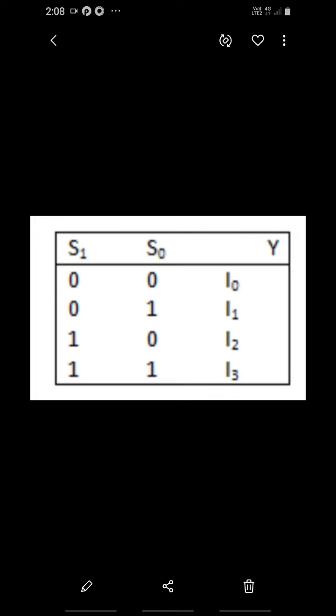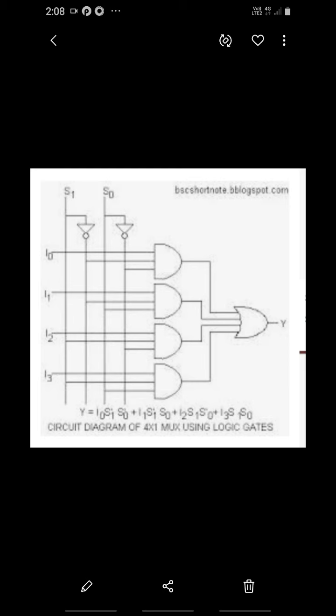So these are all added with an AND gate.